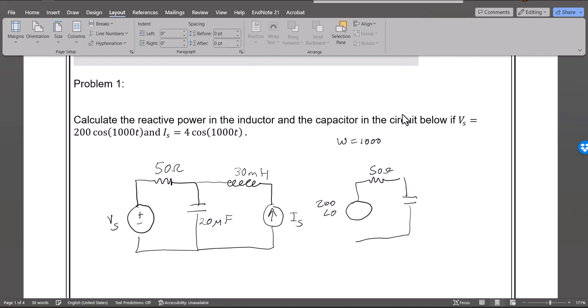And my capacitor is minus J over omega C. So this is the impedance for the capacitor, or minus J over 1,000 times 20 times 10 to the negative 6. And if I did that right, that is minus J50.